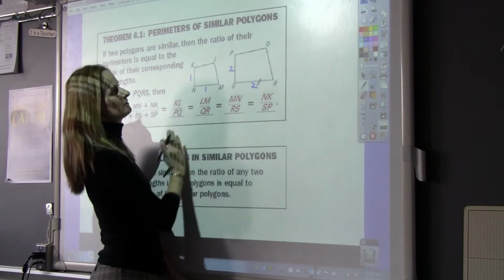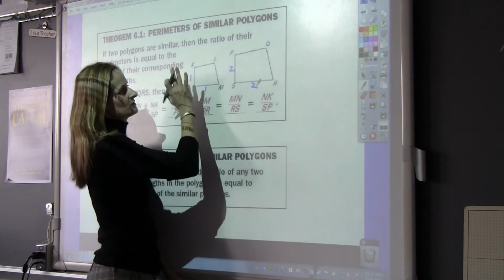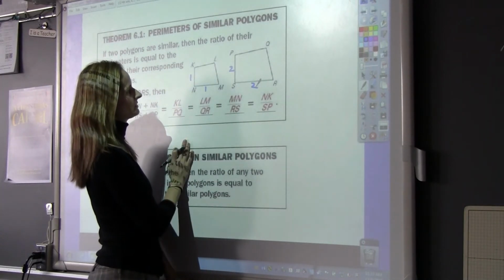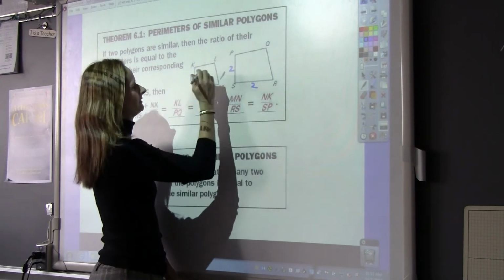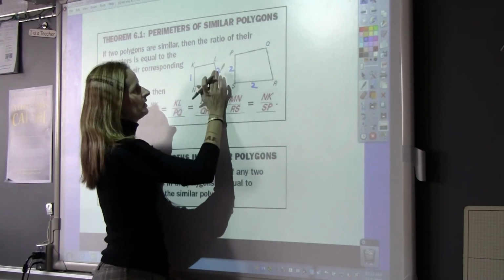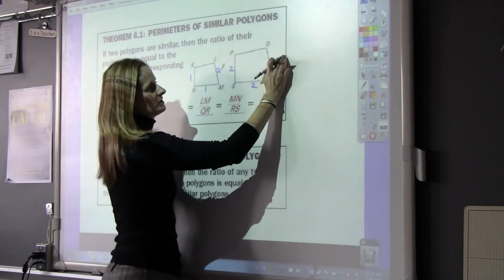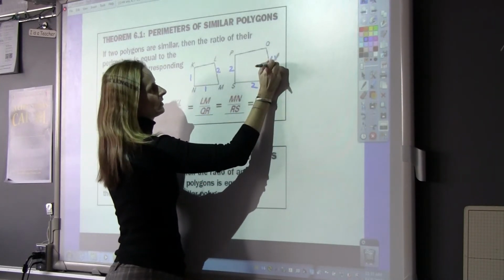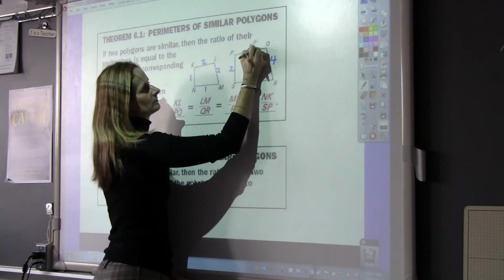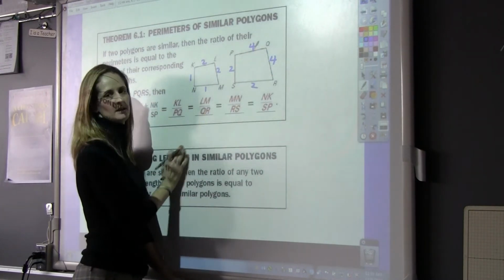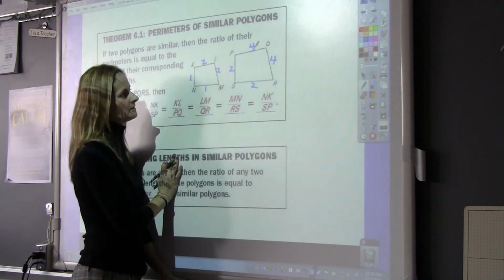So the ratio here, they're similar figures, is for every 1 here, there's 2 here. So let's say I make this length 2. For every 1 over here, there's 2 here. So if I make this 2, this has to be 4. This is twice as big, the lengths.